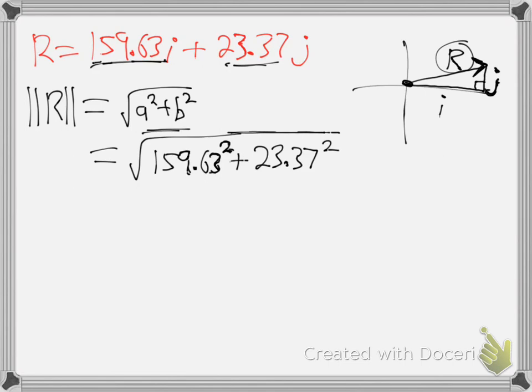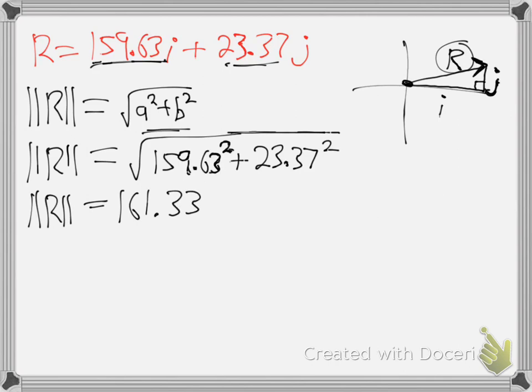Use your answer button. I use my answer button a lot. It's helpful. I'm getting 161.33. So that means total force, 161.33 pounds of total force. So those two ropes, in the end, are pulling with a total force of 161.33 pounds up to the right.